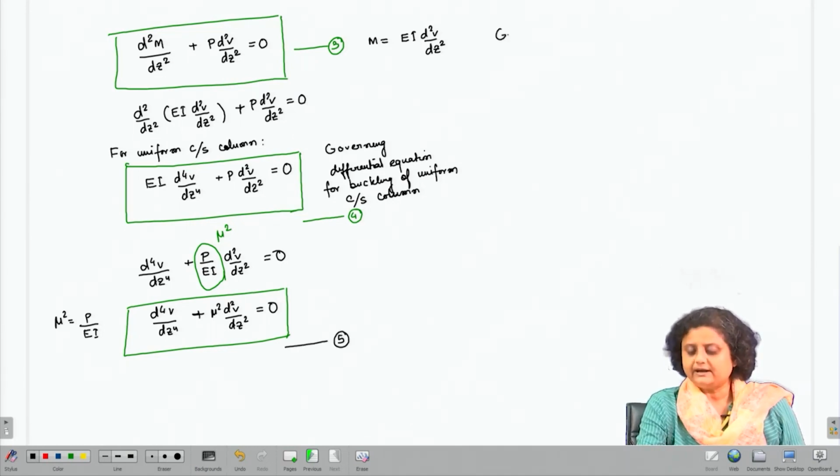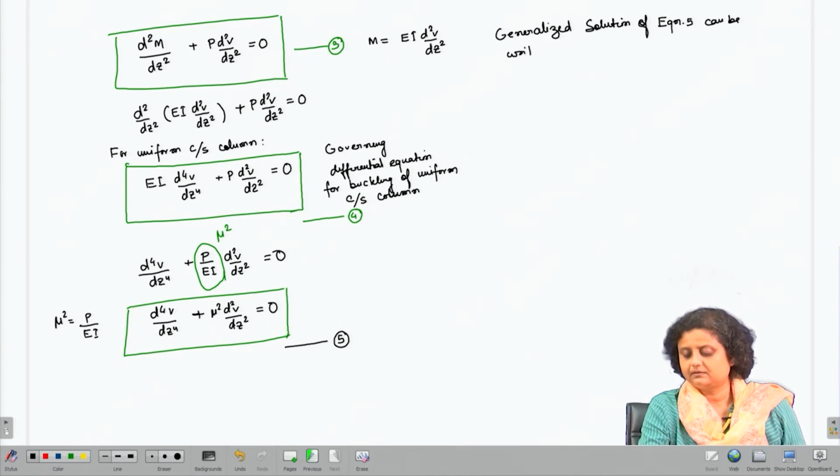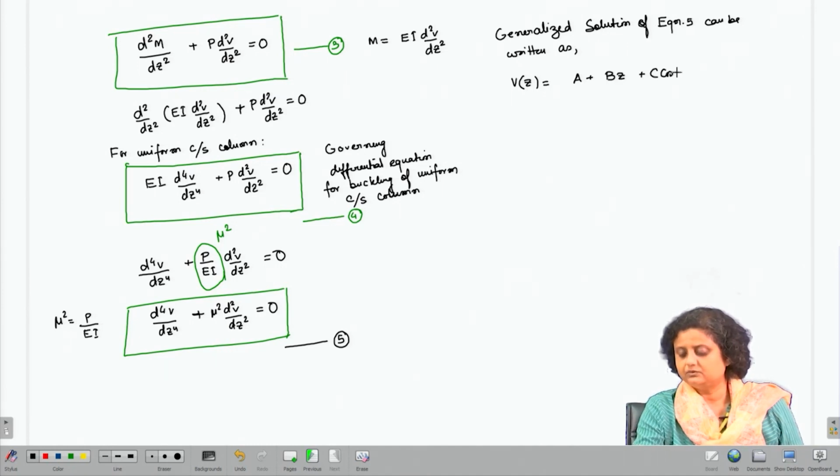Therefore, the generalized solution of equation 5 can be written as V(z), which is A plus Bz plus C cos mu z plus D sin mu z.